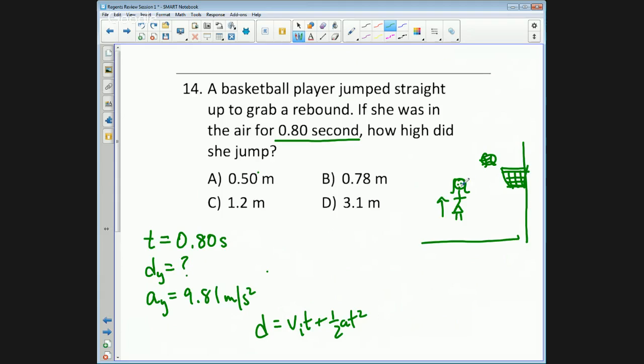Look, now she has a face. Okay, so when we plug in those values, we get a distance of 0.78 meters. So this is the distance from the ground to the ball. That's how high she had to jump.